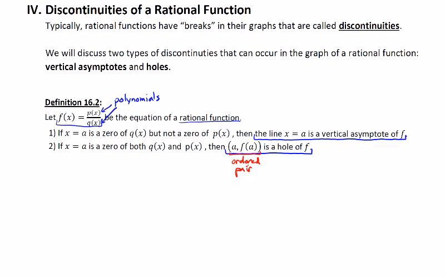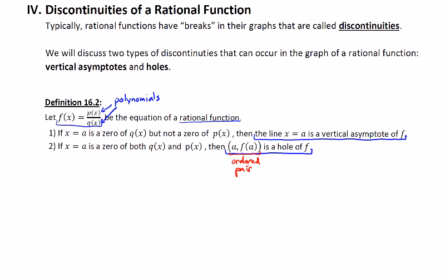Now, what this is really getting at is what's going to happen whenever you plug in the a value for x. So the first statement says that it is a 0 of q of x, but is not a 0 of p of x.